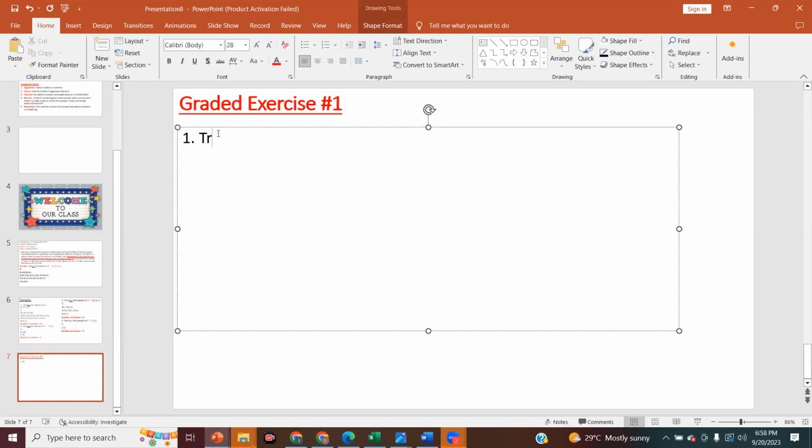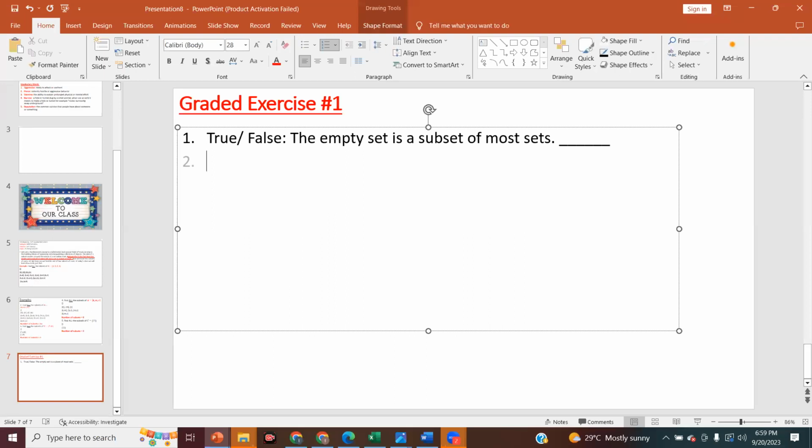True or false? The empty set is a subset of most sets. True or false? The empty set is a subset of most sets.